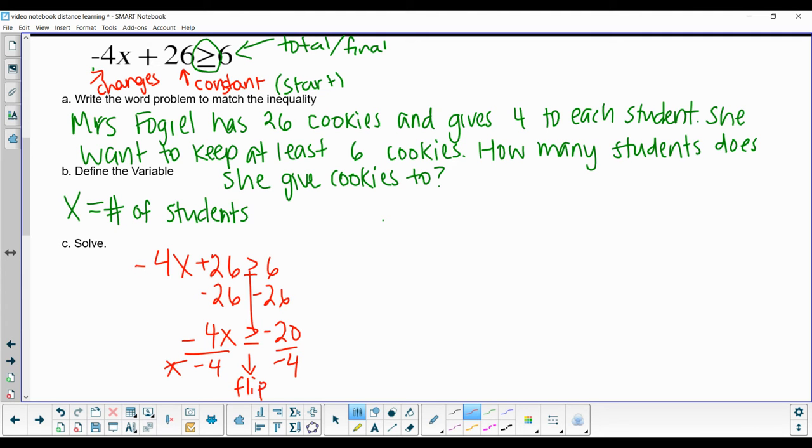So I get x is less than or equal to 5. So no more than 5. Make sure it looks like a 5. All right, now it's your turn.